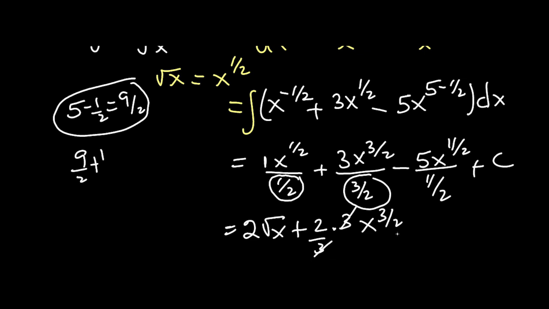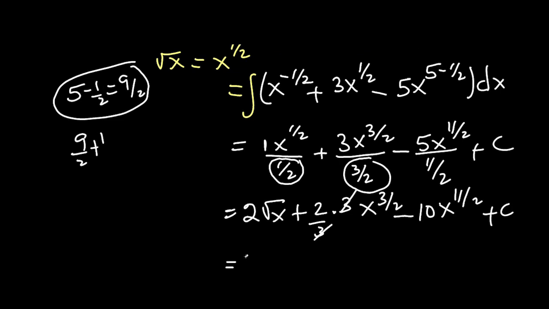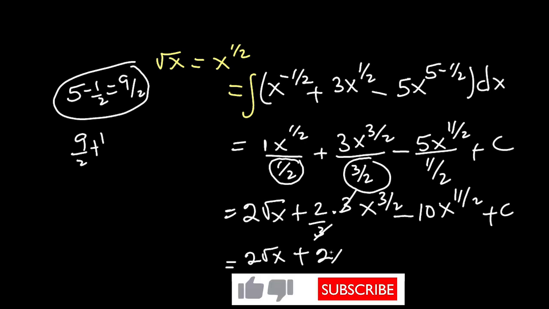And then also, this one will be minus. This 1 over 2, that will be 2, and that will be 2 times 5, that's 10, x to the power 11 over 2. I think we can leave it that way. So we have 2 x to the power half, then plus 2 times this one, and then minus 10 x to the power 11 over 2, and then plus c.